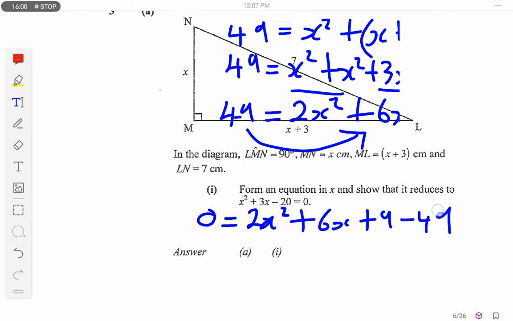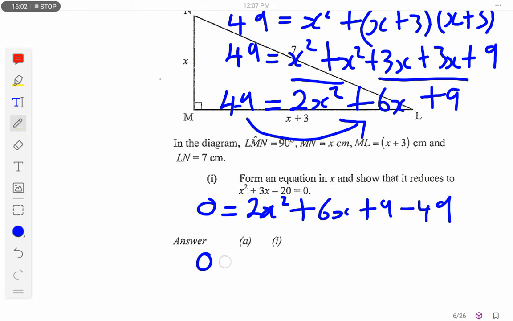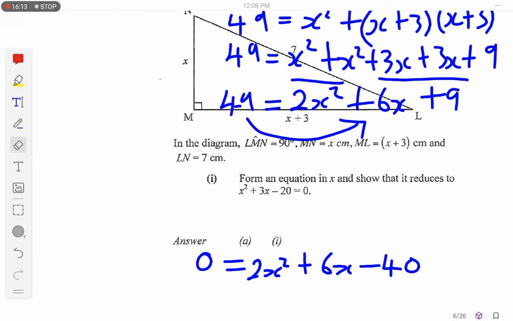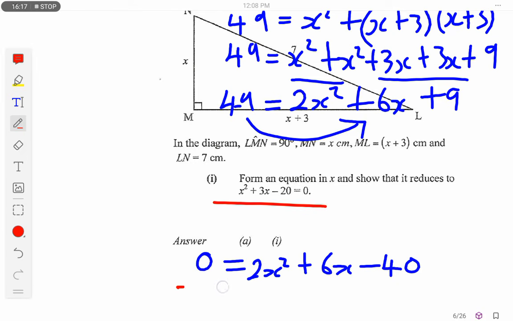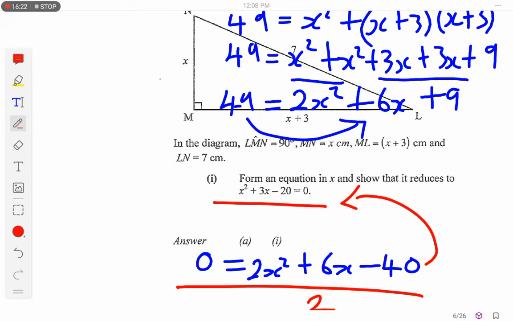So you find out this will go to 0 is equal to 2x squared plus 6x, then minus 40 there. And if you look at our given equation there, it is in the form of x squared. So I can divide everything by 2 and we get our reduced format there. So that's how we find that equation.